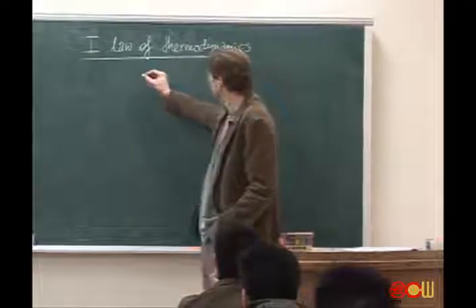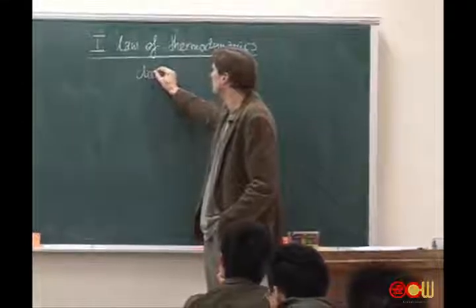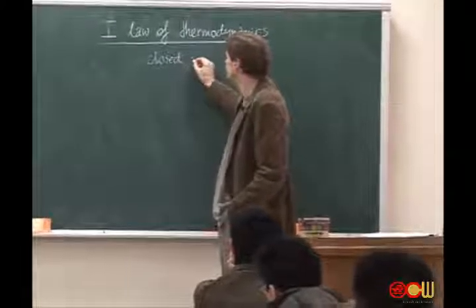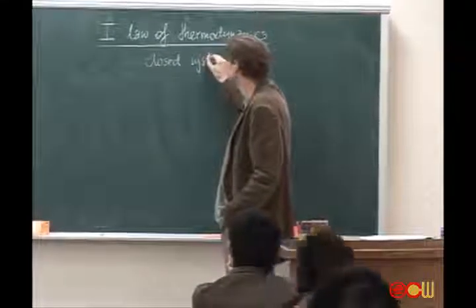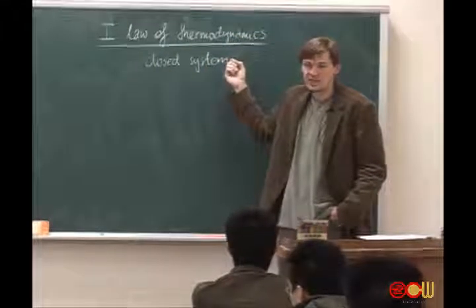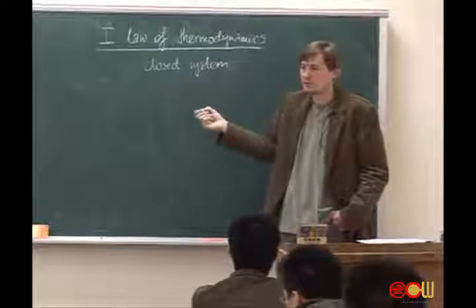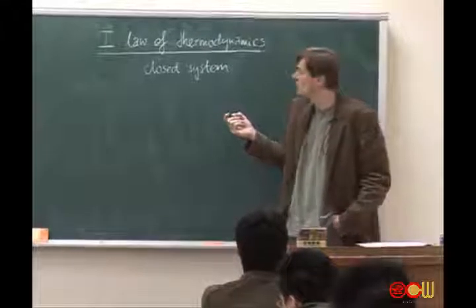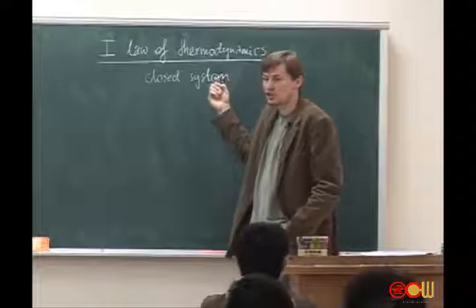The first law of thermodynamics says that for the closed system, you remember closed system? A system that doesn't exchange mass with the outside, only energy. So energy exchange is okay.